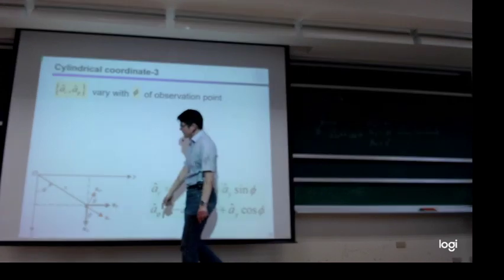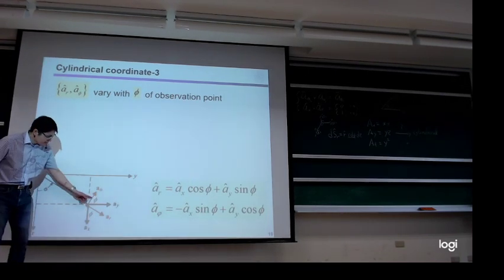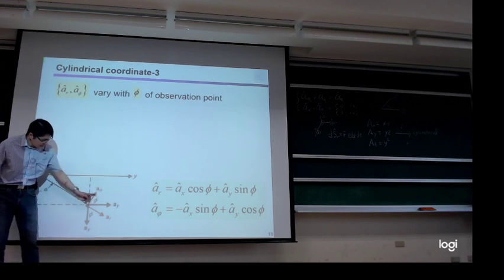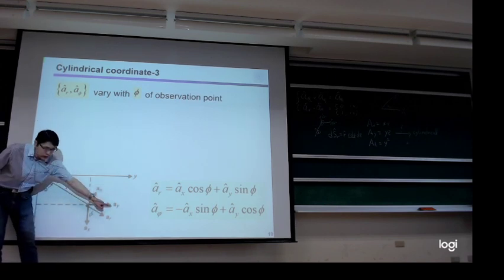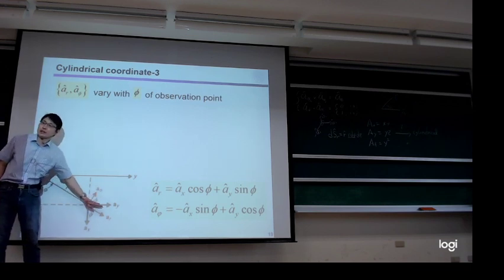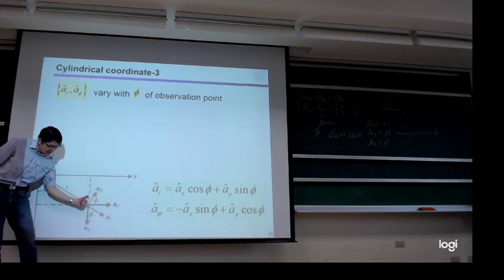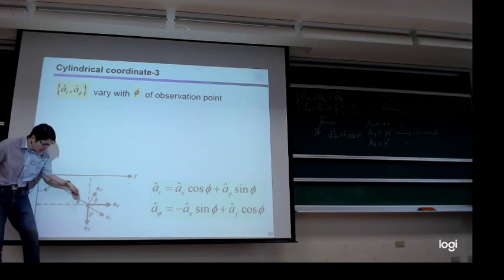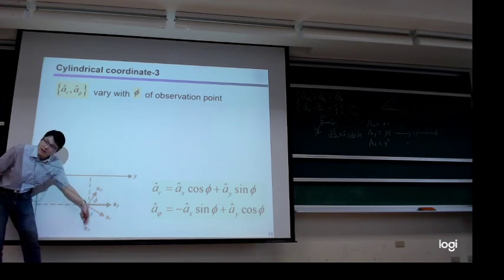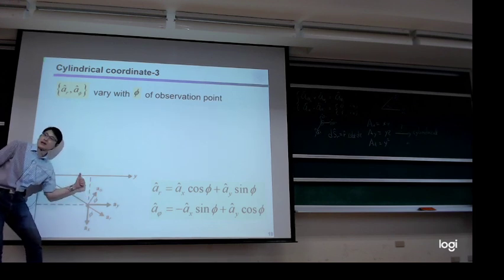On the other hand, phi unit vector, when it projects onto the Y unit vector, is straightforward. You take the cosine. But phi projected onto the X is now having a negative sign, right? Positive X is defined downwards, but you see this phi unit vector is pointing upwards.